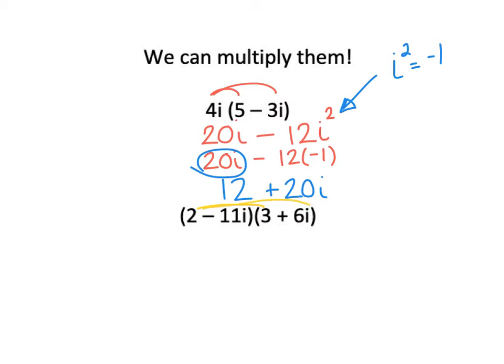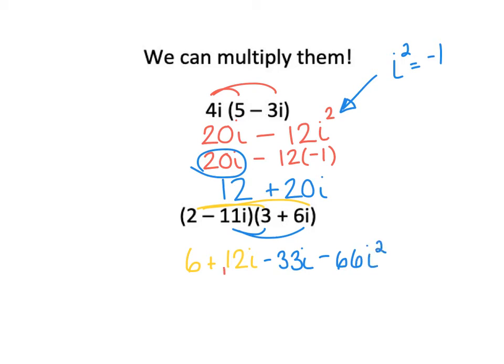So I'm going to begin by distributing my 2, which gives me 6 plus 12i. Now I will distribute my -11i, which would be minus 33i minus 66i squared. So I can do a couple of things here.